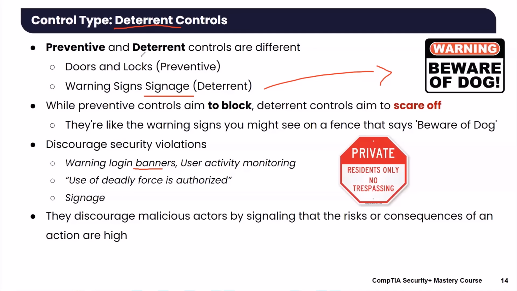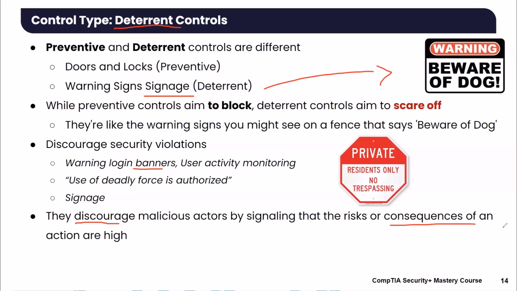You're trying to log in to a computer that you're not supposed to be logging in to. So the idea of a deterrent control is to try to discourage malicious activity by having some kind of banner that says, hey, look, don't try this. If you do this, here is the consequence, or be aware of the consequence.